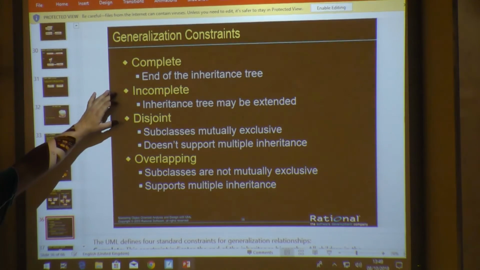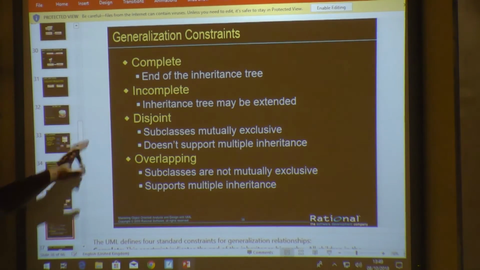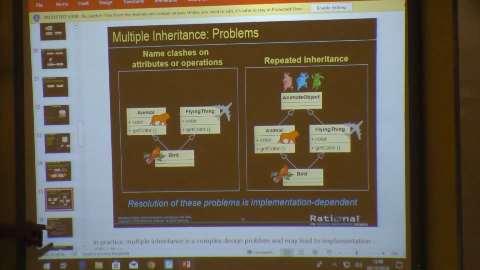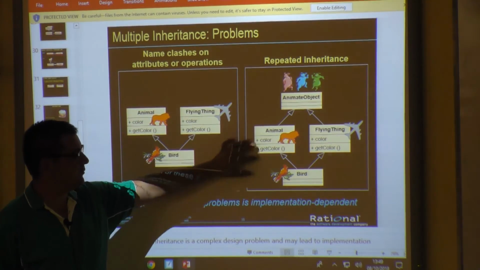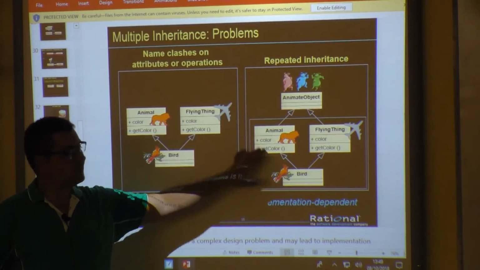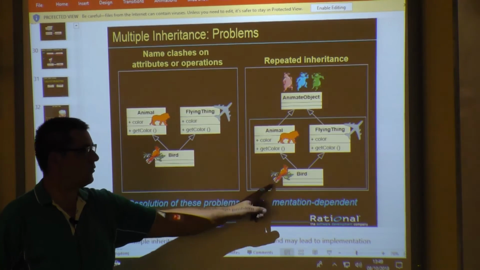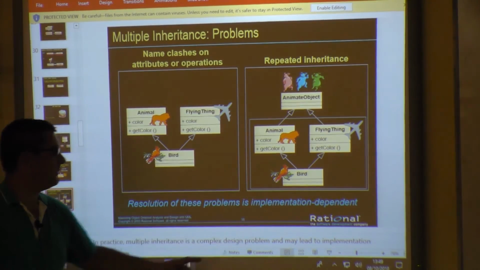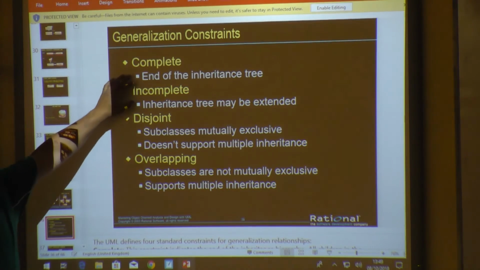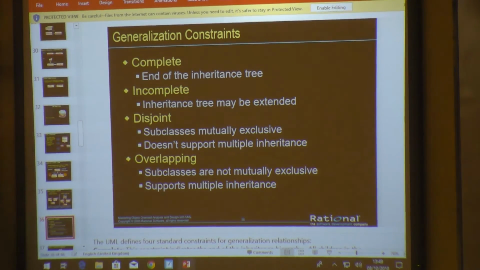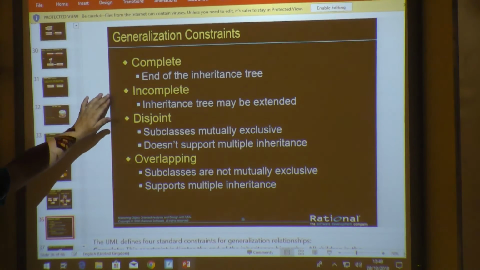Is it incomplete? The inheritance tree may be extended. So what we're seeing in this case, animal, animate object, animal, bird: it was extended and a bird was added, and it was not the end of the inheritance tree. So it was incomplete.